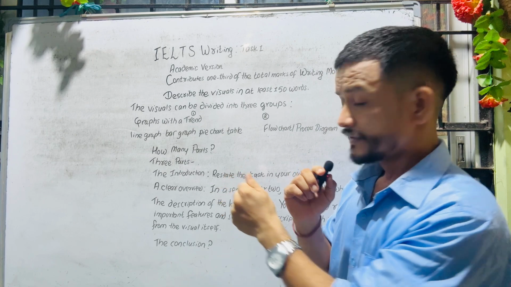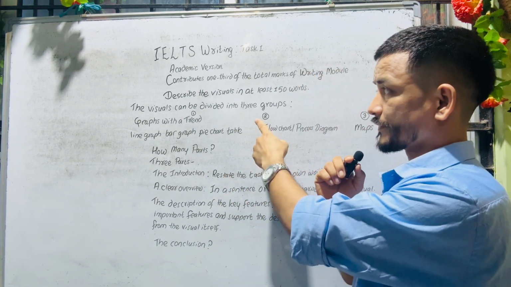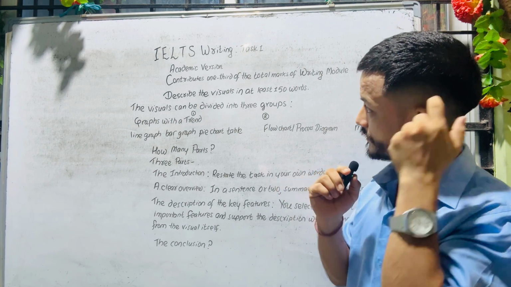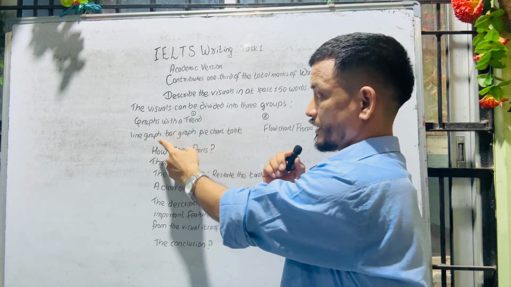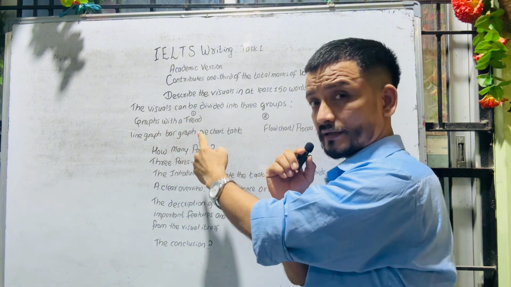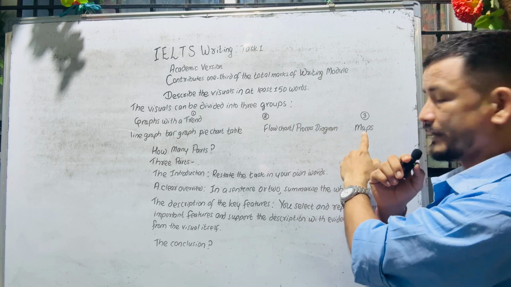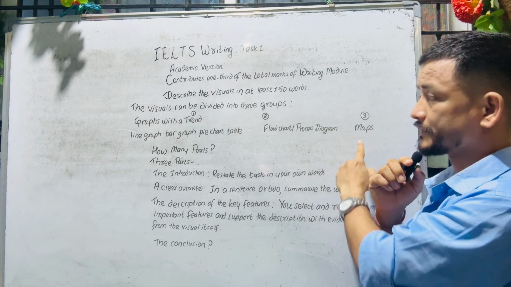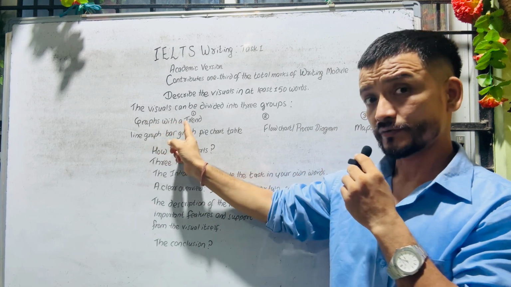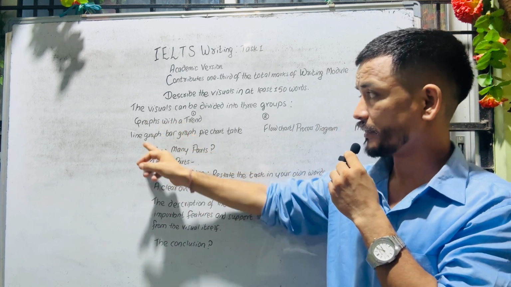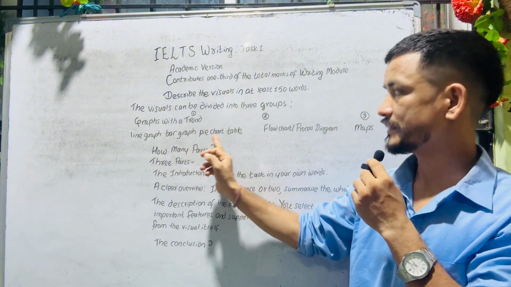The visuals can be divided into three categories: graphs with a trend, flowchart or process diagram, and maps. Graphs with a trend are line graph, bar graph, pie chart, and table.